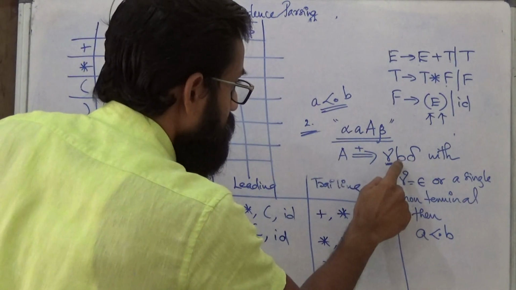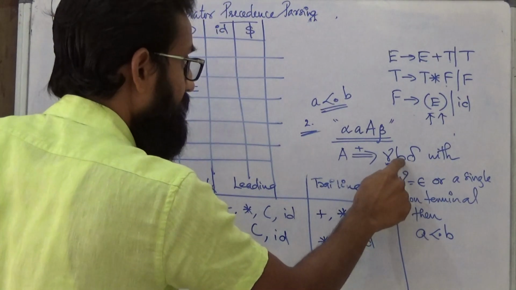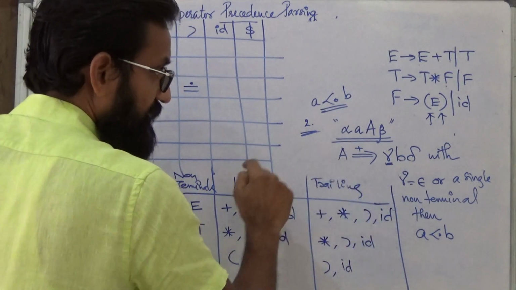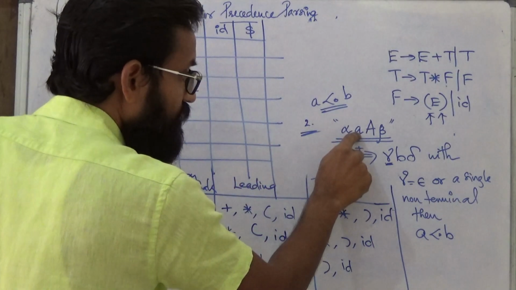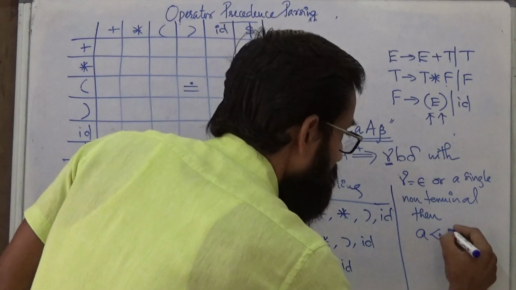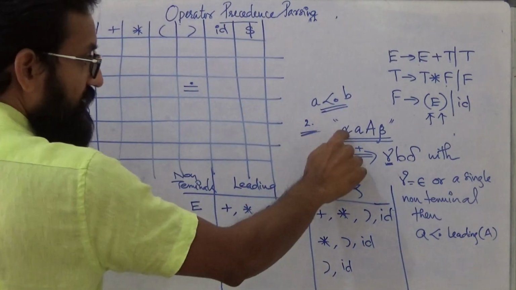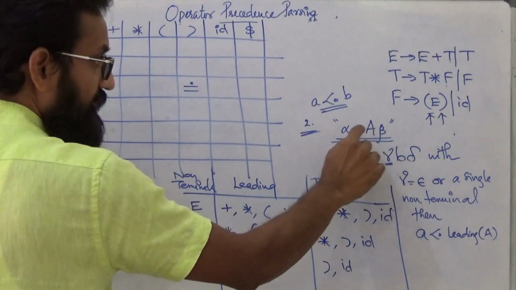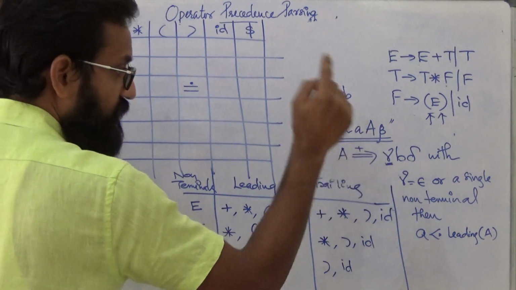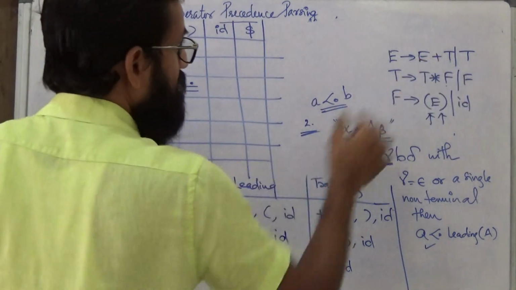As far as B is concerned, B is actually an element that belongs to leading of this capital A. So you can relate this small a to everything that belongs to leading of capital A. So if you are having a production alpha A beta, A is having lesser precedence as compared to everything that belongs to leading of A. That is the rule. So you can take the productions one by one.